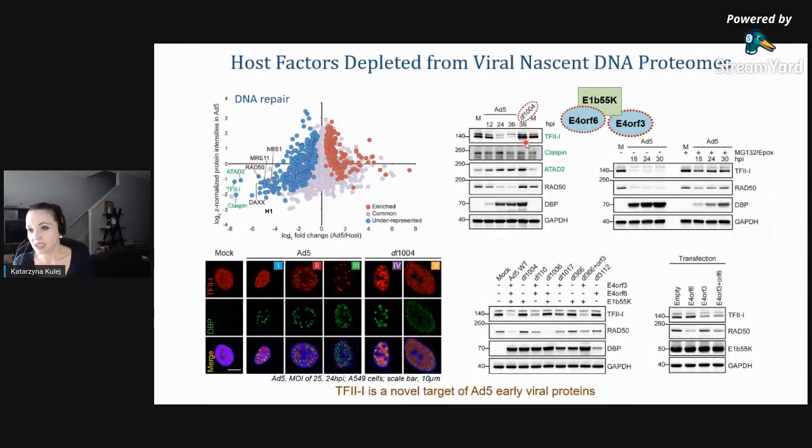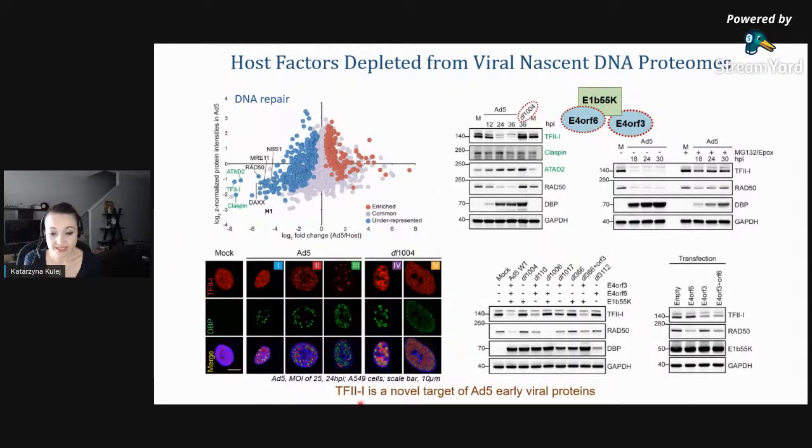To ask if it's really degradation on the protein level, not a decrease on the mRNA level, we used a proteasomal inhibitor. And you can see that infection in the presence of that inhibitor very nicely rescues the level of the protein. So indeed, the degradation is on the protein level, so it can be a target of that complex.